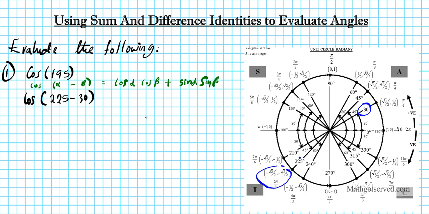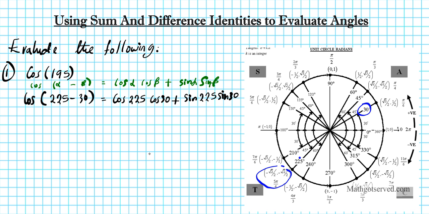So let's apply that here. We're going to have cosine alpha, which is cosine 225, cosine beta, which is cosine 30, plus sine alpha, sine 225, sine beta, which is sine 30.